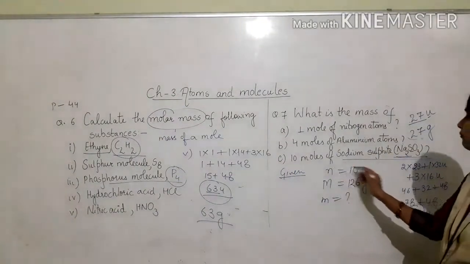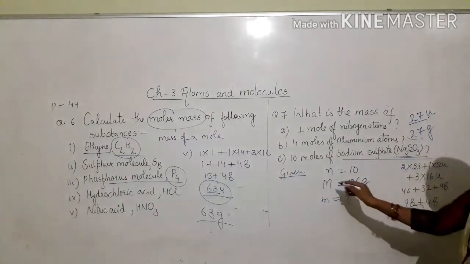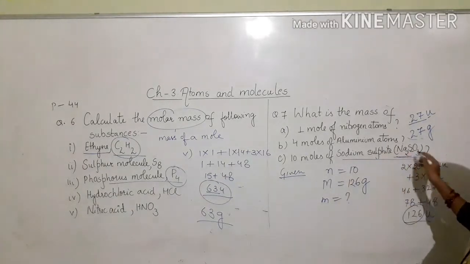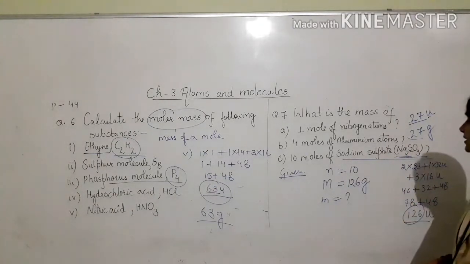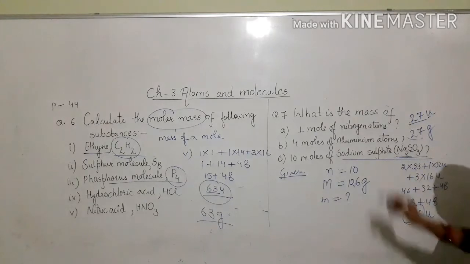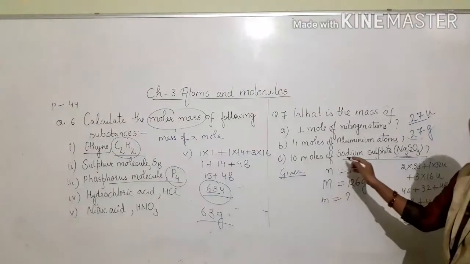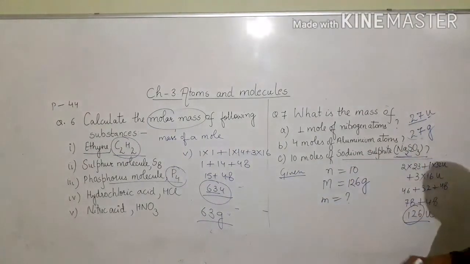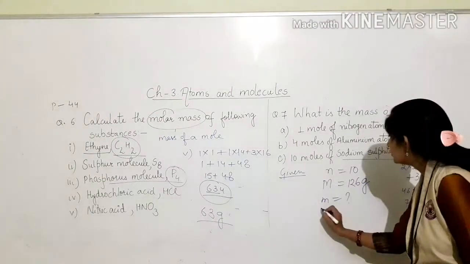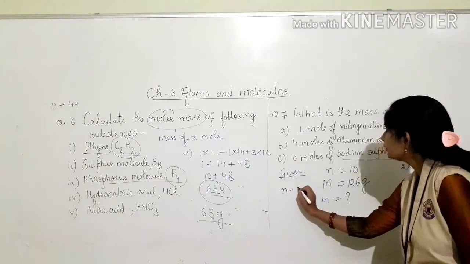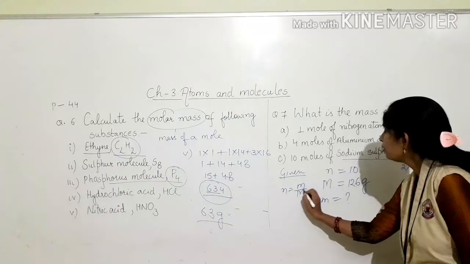Number of moles is 10. Molar mass of sodium sulfite Na2SO3 is 126 gram. We have to calculate the mass of 10 moles of sodium sulfite. Number of moles is equal to mass upon molar mass.